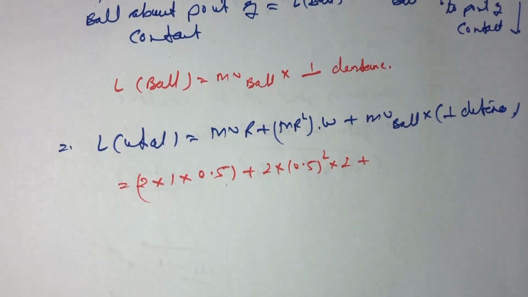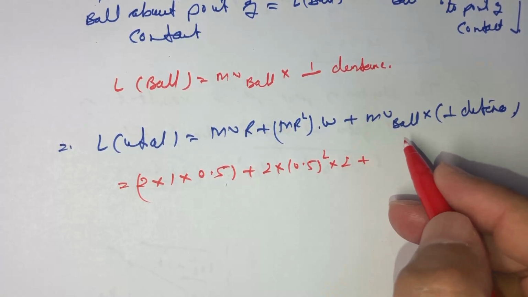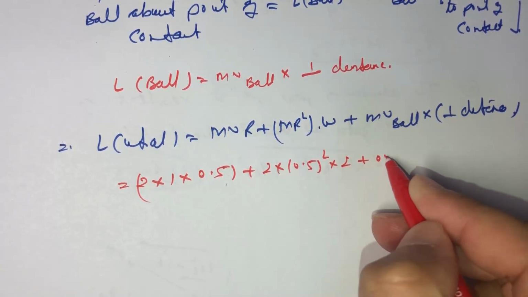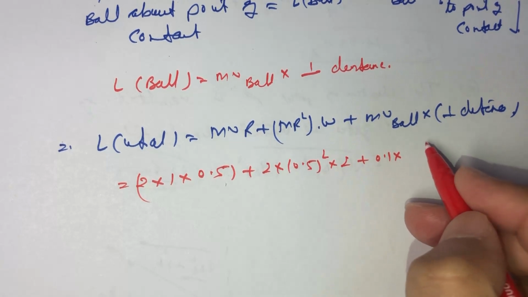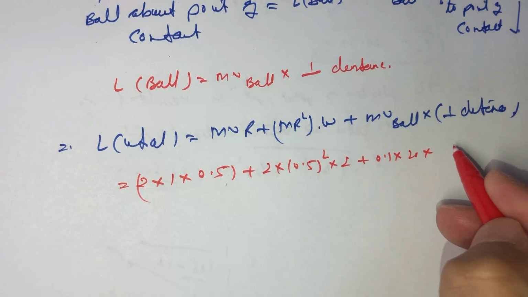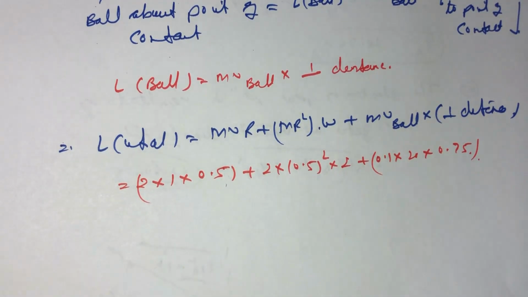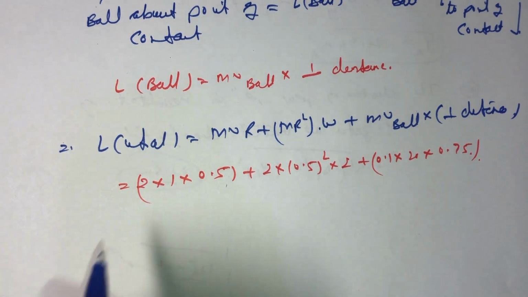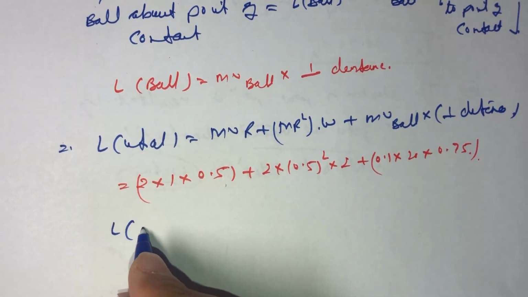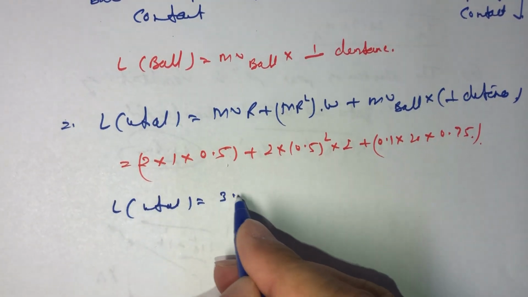Now comes the ball. The mass of the ball is given as 0.1 and velocity of the ball is given as 20, and perpendicular distance is 0.75. So therefore, we get that L initial is equal to 3.5.